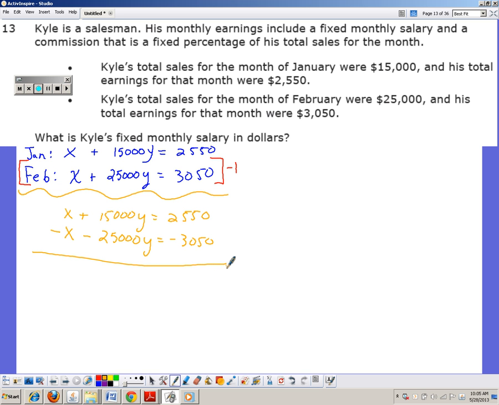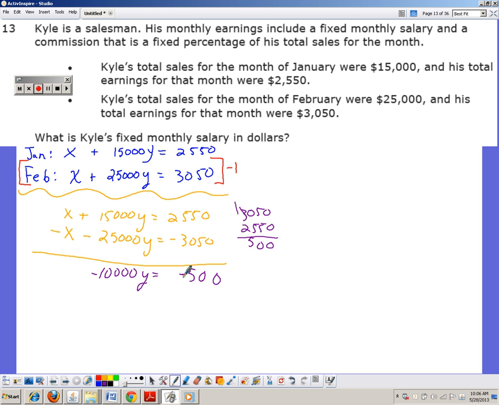And we're going to combine like terms. X minus X is 0X, so we don't write it down. 15,000 Y minus 25,000 Y is a negative 10,000 Y. And 2,550 minus 3,050 gives you, different signs, just subtract, 0, 0, 5, and negative 500.